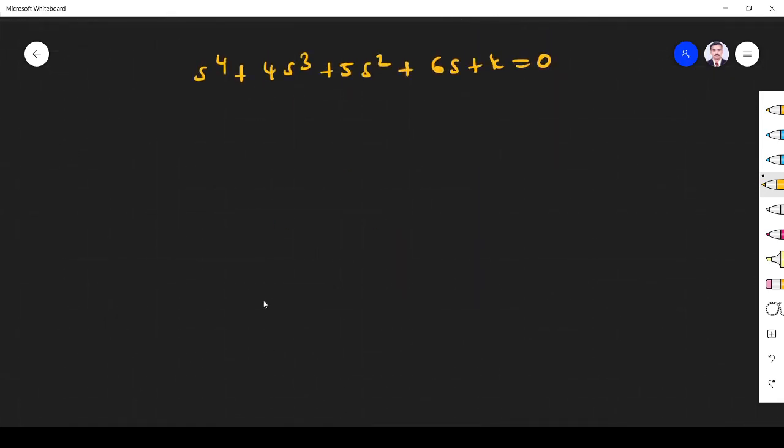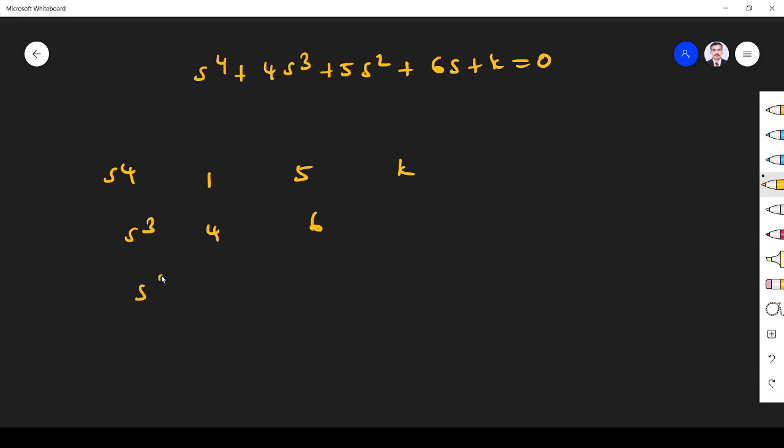Okay. So I write the Routh array now. S power 4 means even coefficients I write. S power 4 coefficient is 1, s squared coefficient is 5, constant term is k. Right? Similarly, s cube coefficient is 4, next odd power is s, that is 6.